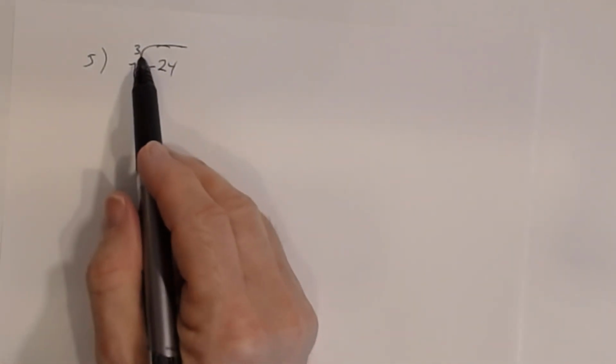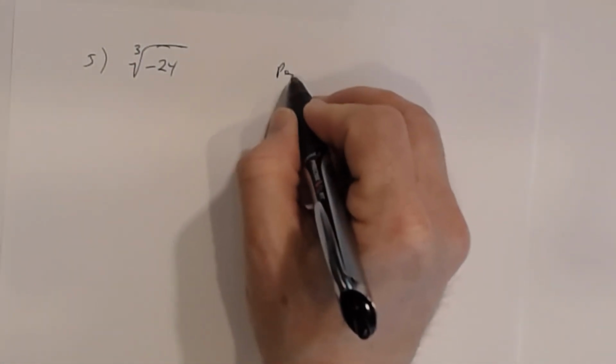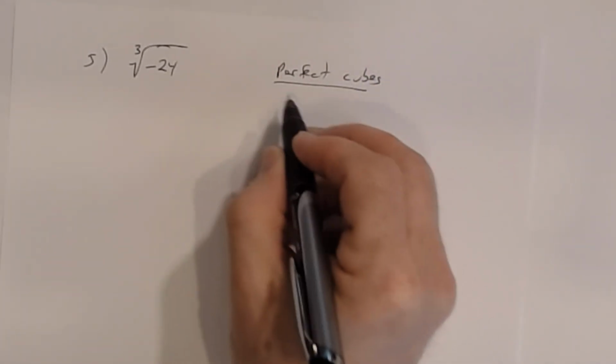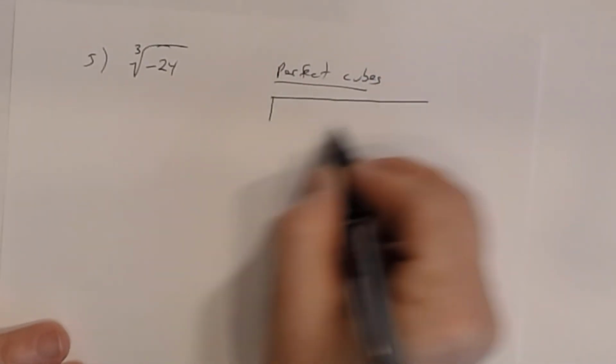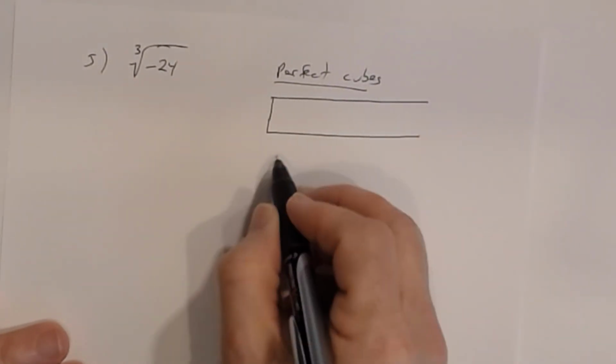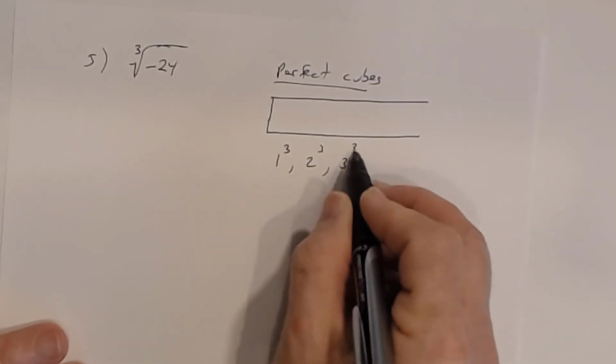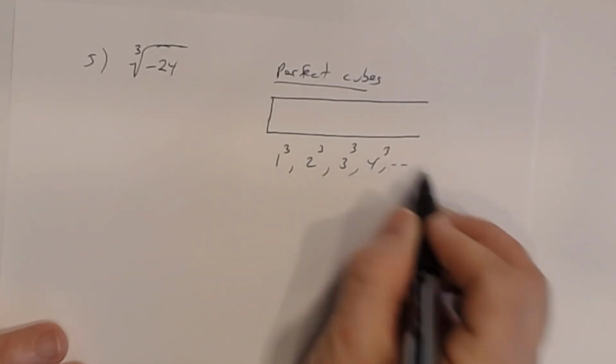Now this time we're dealing with cube roots, so let's remember what our perfect cubes are. The way we got our perfect cubes was by saying 1 cubed, 2 cubed, 3 cubed, 4 cubed, and so on.